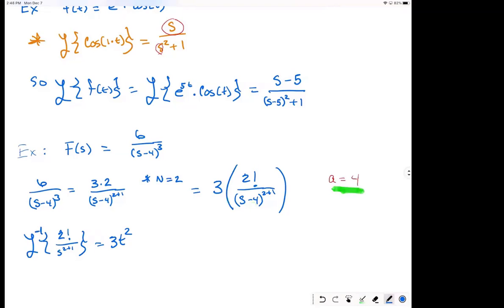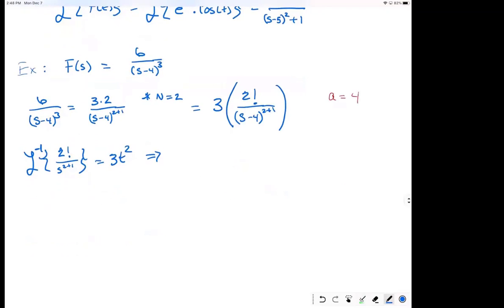And so that's where our inverse of the shifting theorem comes into play. So I take the inverse Laplace transform of F of s, which is the inverse Laplace transform of this whole thing that I'm going to write 3 times 2 factorial divided by s minus 4 raised to the 2 plus 1.